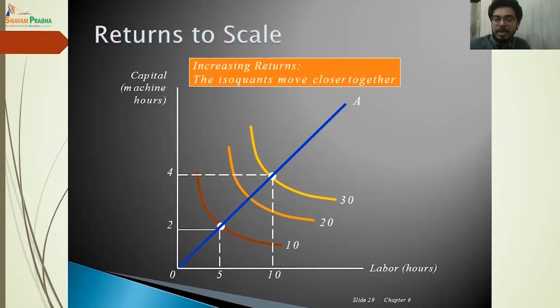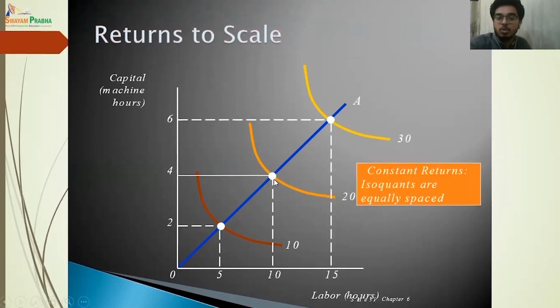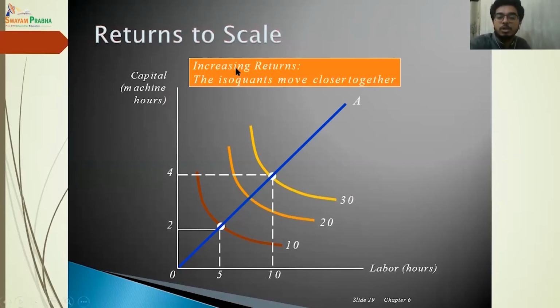So now when I have 4 capital and 10 labors, instead of 20, if you combine 4 capital and 10 labors, my isoquant 30 is here. So this 20 should have been over here. Instead of over here, this is 30, and we have the 20 isoquant.